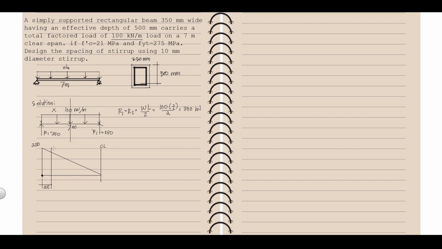So, andito na po yung ating VU, yung at critical section. Okay, so we can get that by similar triangle.